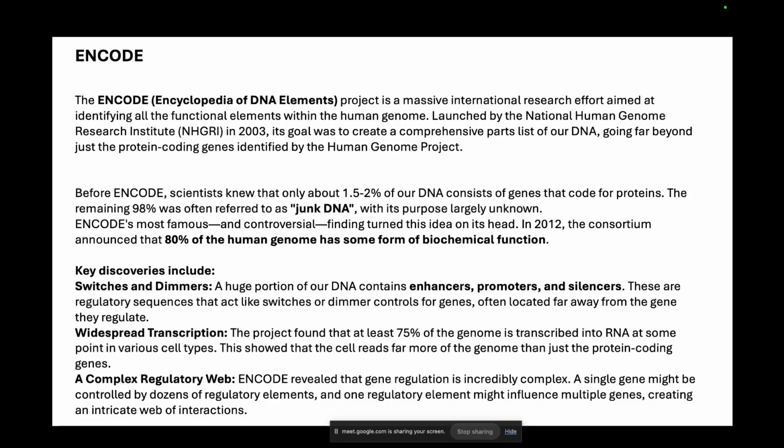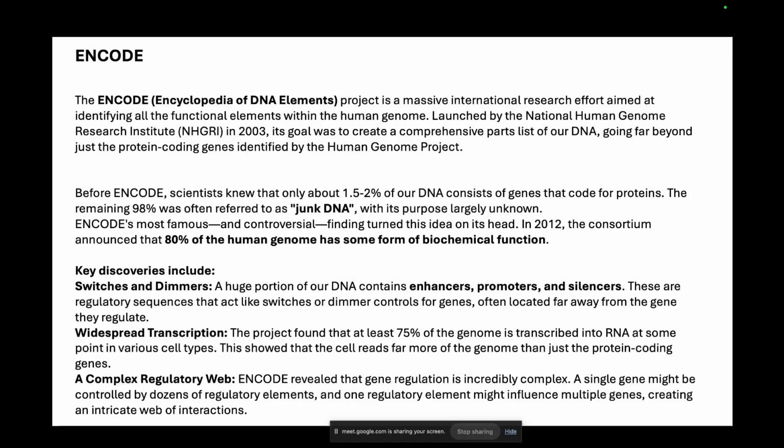But the main thing was that the myth was busted that we do not require intronic regions, intergenic and other non-coding regions of the genome. That is completely not true, because they have effects on gene expression, right?